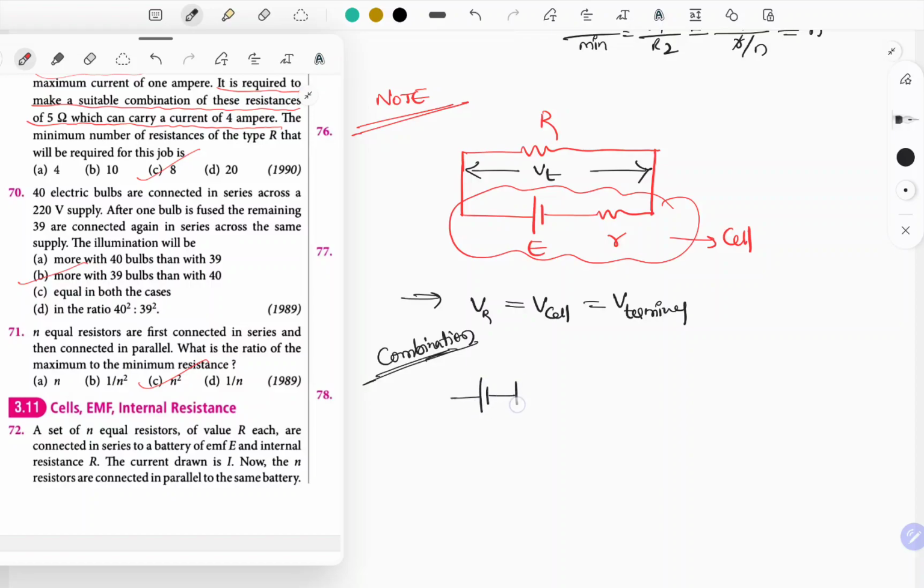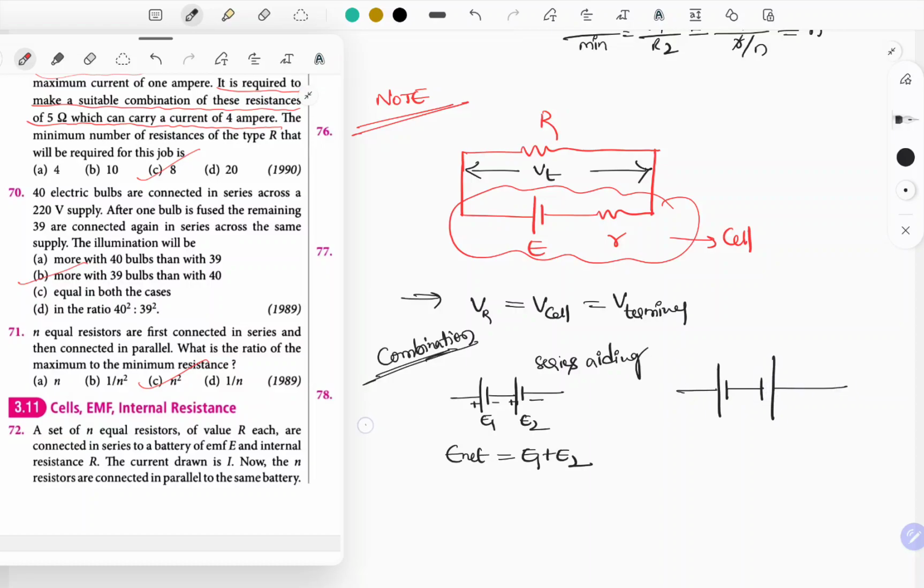If the cells are connected like this, that is plus minus, such a combination, E1 and E2, then E net is equal to E1 plus E2. So this is called series aiding. So we have to cross check whether it is series aiding or opposing.